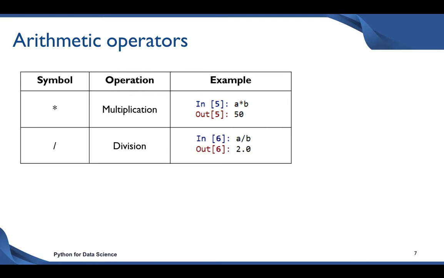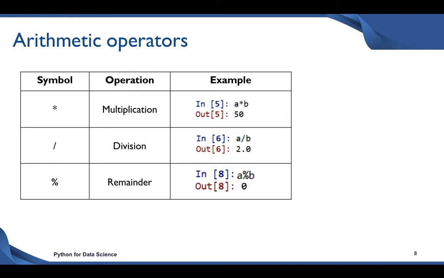Likewise, we have division also, which gives the division between these two operands, and the result is returned in the format of floating point values. This thing we need to note and remember: the division operation always results in a floating point value.